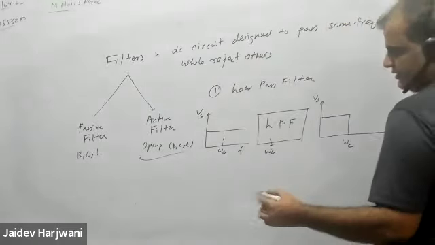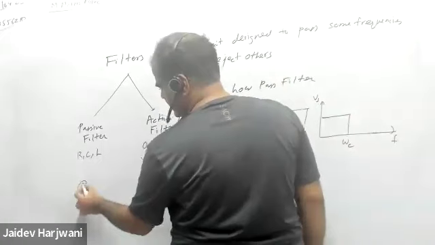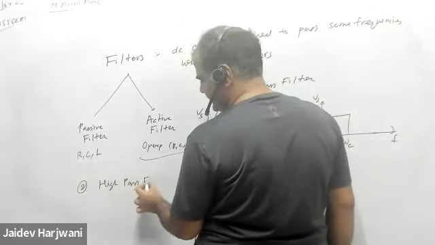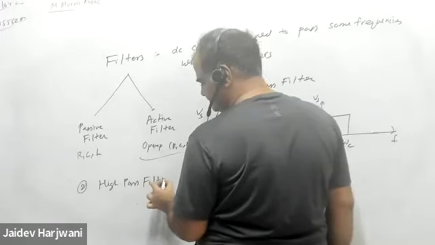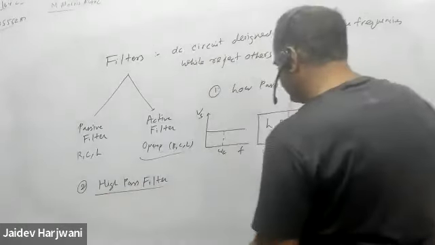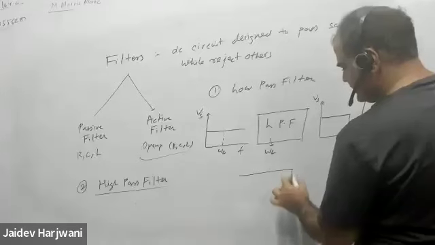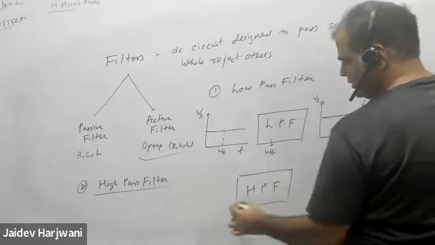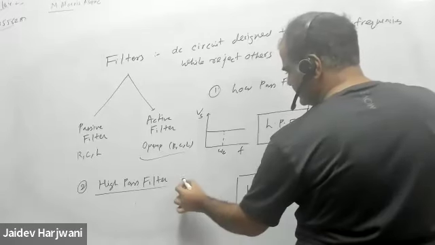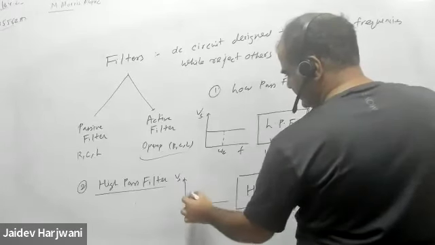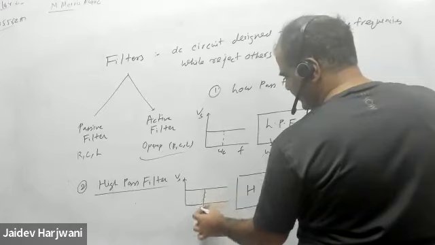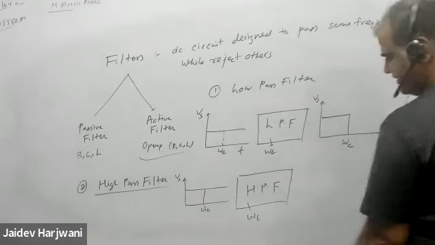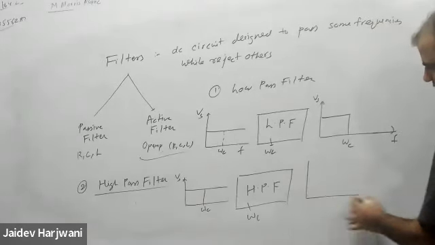Similarly, you have a high pass filter. You have the signal Vs with all kinds of frequency, and depending on the cutoff frequency Vc of the filter, it will pass high frequencies.